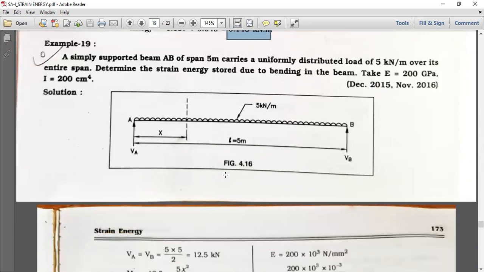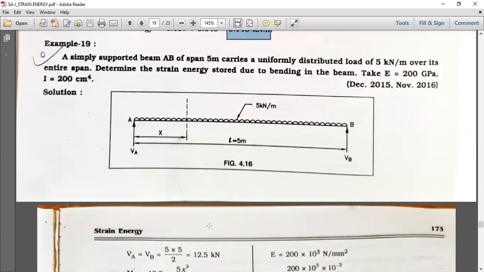Another example: a simply supported beam AB of span 5 meters carrying a uniformly distributed load of 5 kilonewton per meter over its entire span. Determine the strain energy stored due to bending in the beam.